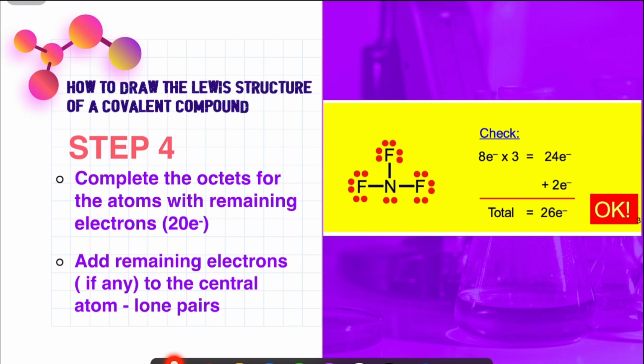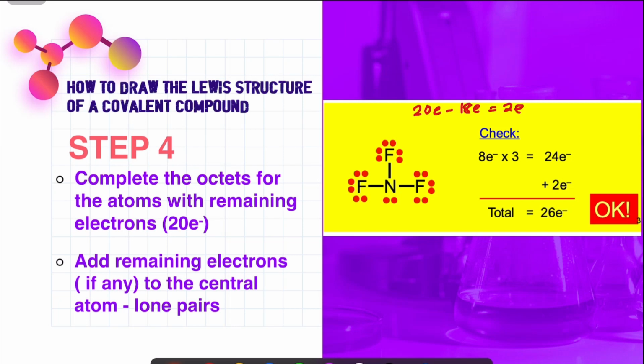When you calculate again the valence electrons, the 20 minus the lone pair electrons on all fluorine atoms: 1 fluorine atom has 2, 4, 6, and for the 3 fluorine atoms they are 18. So 20 electrons minus the 18 electrons, and the balance is 2 electrons.